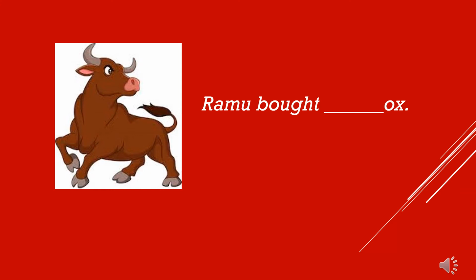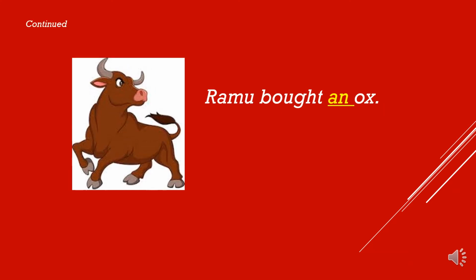We will put an. Students, now you can do this example. Ramu bought an ox. It is starting with vowel sound O. O is a vowel sound. We will put an. Ramu bought an ox.